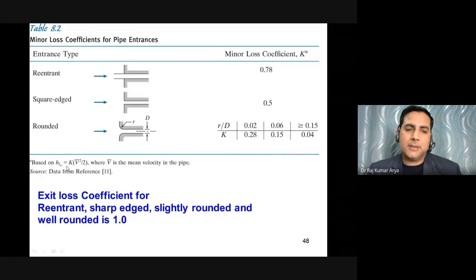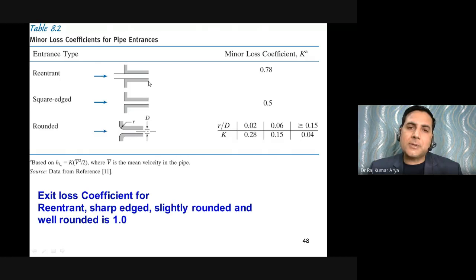Now, exit loss for re-entrant, sharp edge, slightly rounded and everything, the exit loss is always one. What do you mean by exit loss? There would be a loss at the entrance from where the fluid is entering. There would always be a loss at the exit end also.